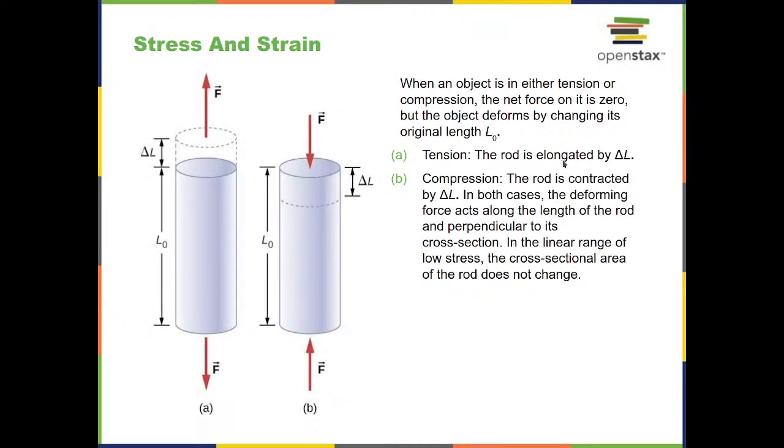In this case, we have a force that is either pulling on the object that has initially a length L0 and that becomes longer by a length delta L, or we press down on the object and it decreases in length by an amount delta L. So the original length L0 becomes L0 minus delta L. The cross-sectional area of this object is going to be A. That's what allows us to turn that force into a stress by dividing by the cross-sectional area.